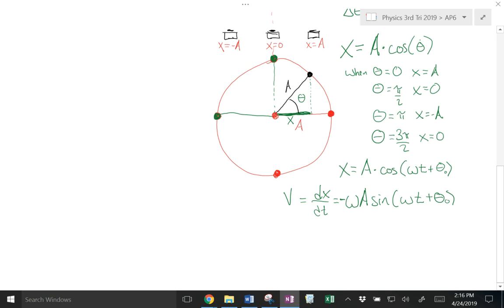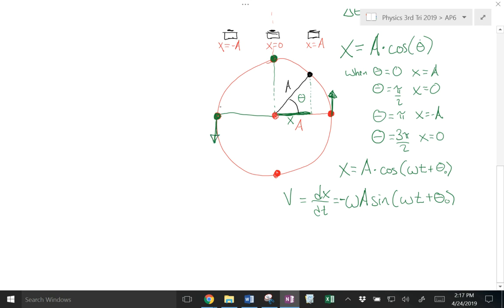And then if we think back to yesterday, we were talking about when are these things at a maximum and when are these things at a minimum. As far as velocity is concerned, the horizontal projection of the velocity at A is 0 because all the velocity is directed vertically, right?